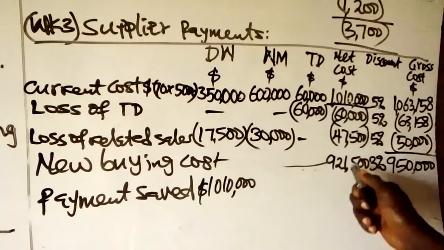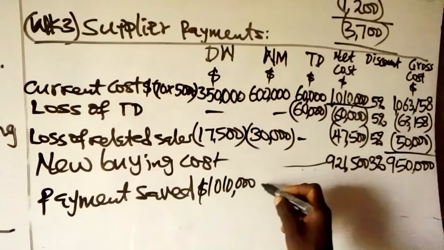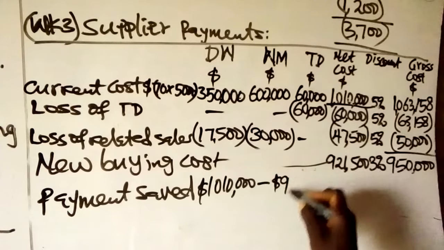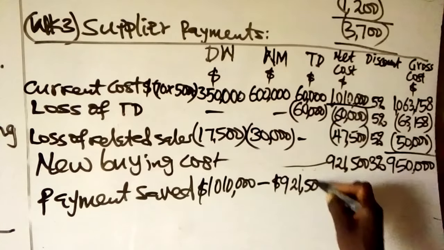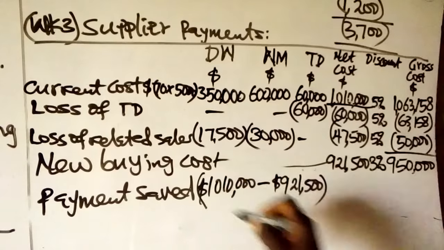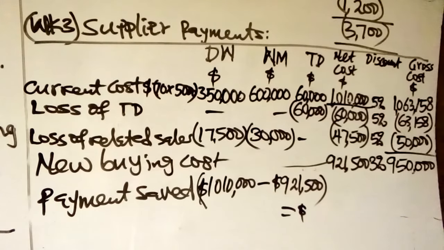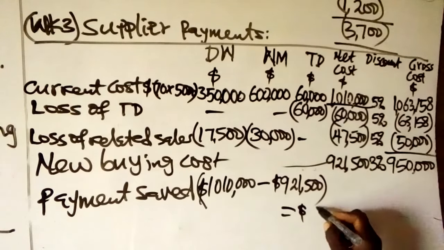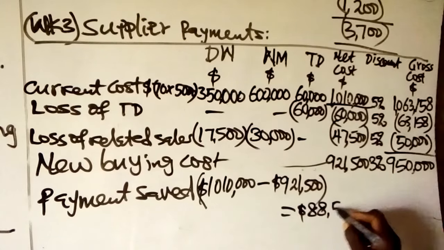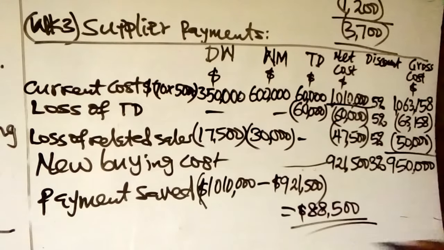But by stopping TD now, you are paying 921,500. How much has been saved? What is the difference? It's 88,500. That is the amount saved if TD is stopped now.